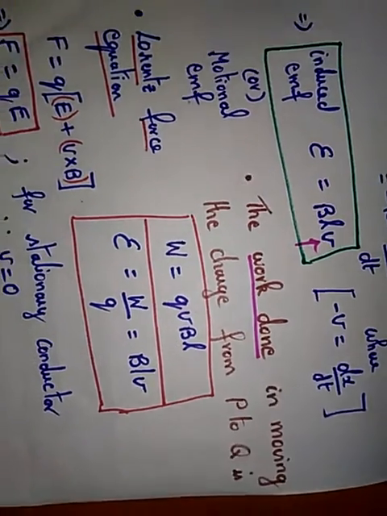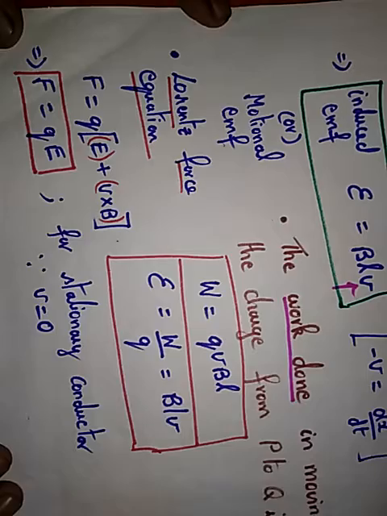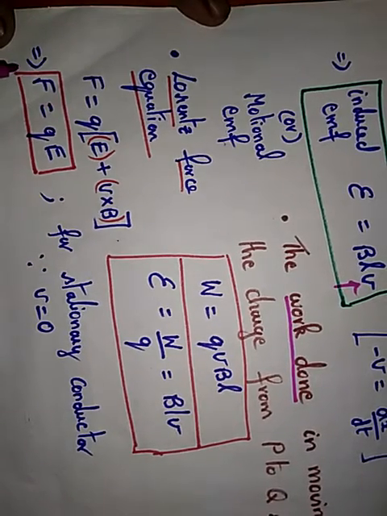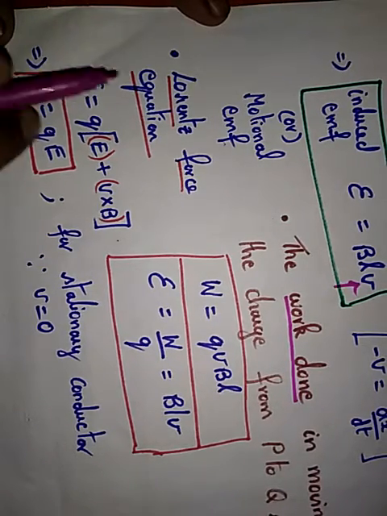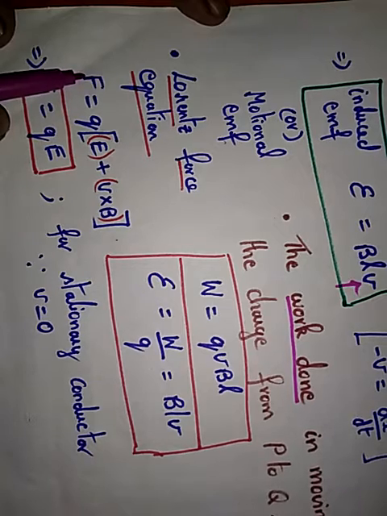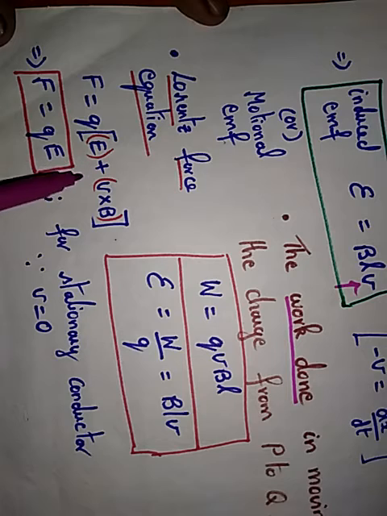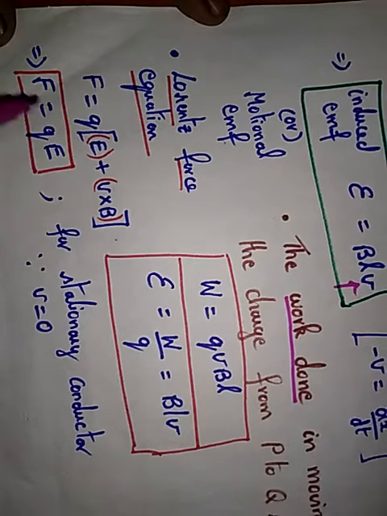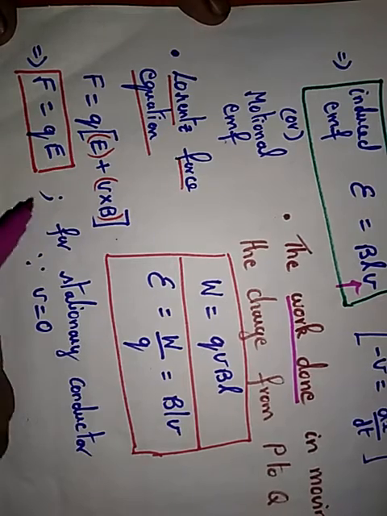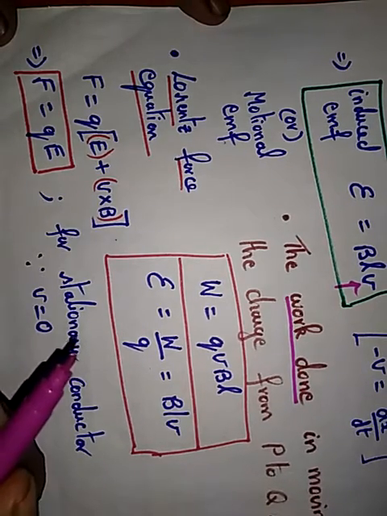Now we will have some insight on the Lorentz force equation. Already we have seen the Lorentz force equation is QE plus Q into V cross B, that means Q into electric field plus Q into velocity cross magnetic field.